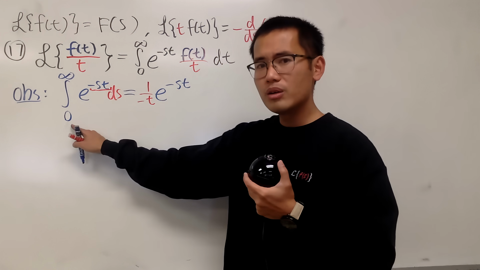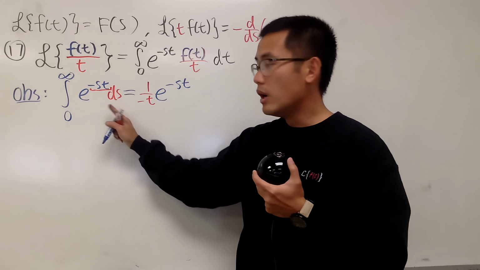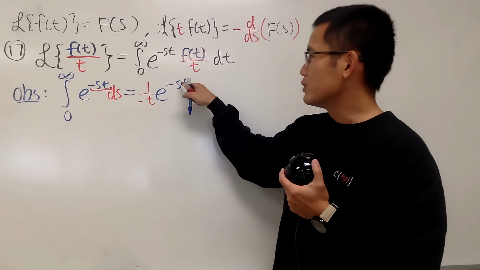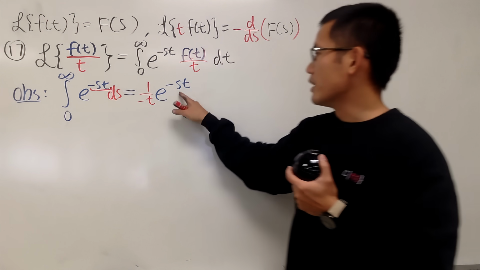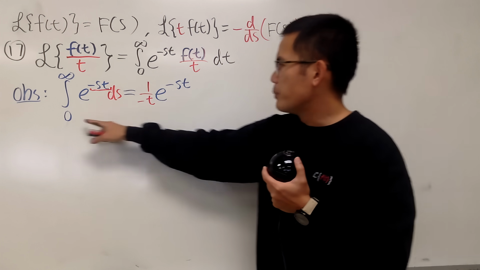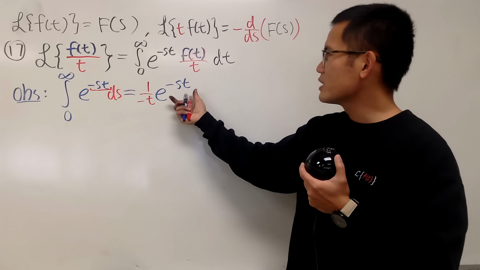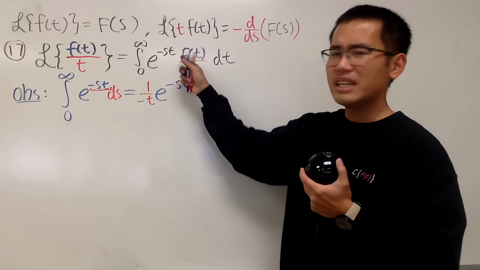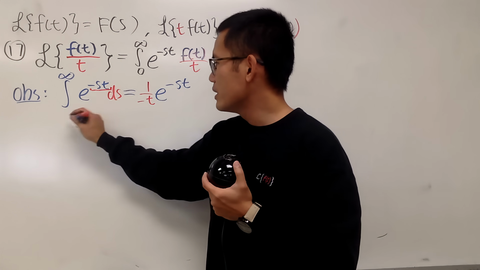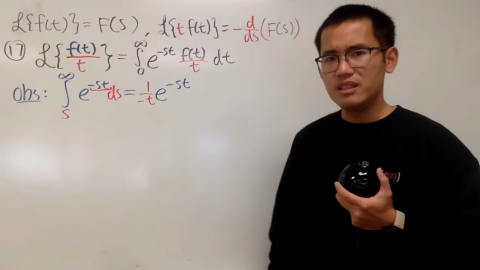If I put down 0, again, we're integrating in the s world. Sorry, I should have said the infinity is for the s right here because we're doing this in the s world. If I put a 0 in the s, that part goes away. I don't have the e to the negative st anymore. So be really careful. I actually have to integrate this from s to infinity.